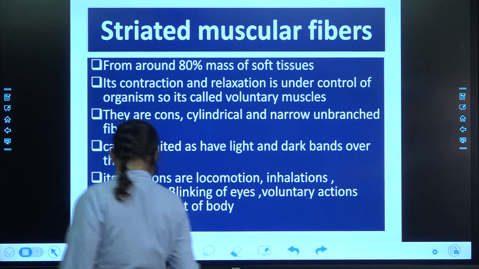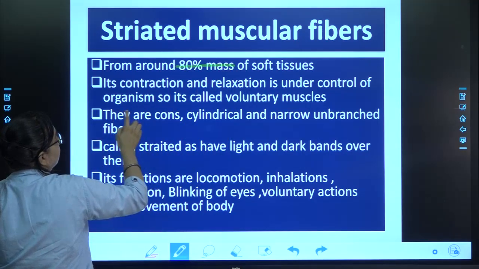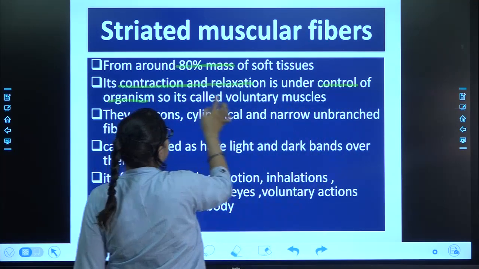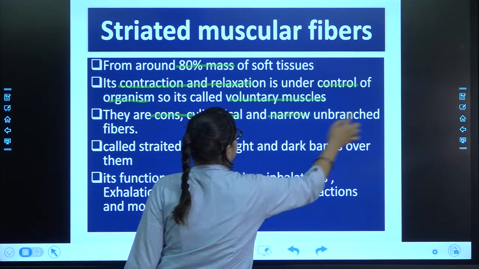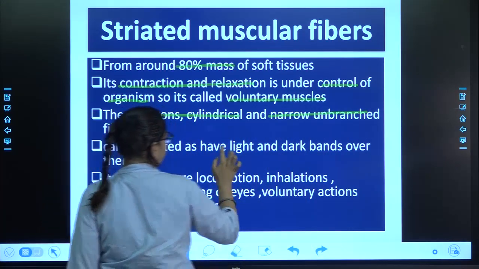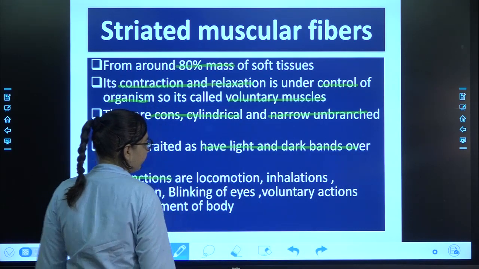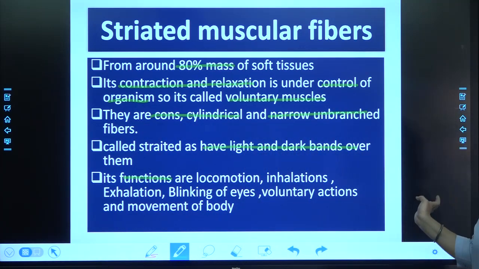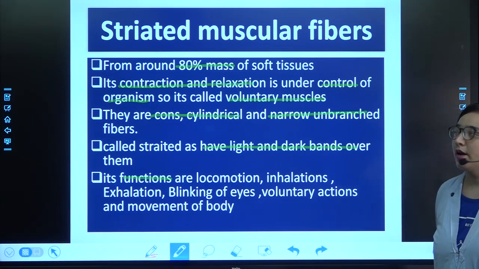Keywords I'll highlight for you. These are the keywords, the ones highlighted with green. You don't need to highlight, you just need to underline them.